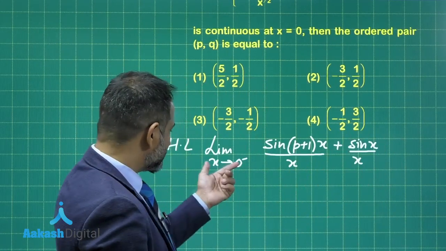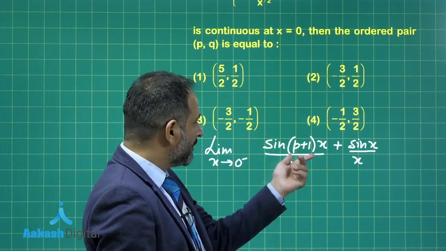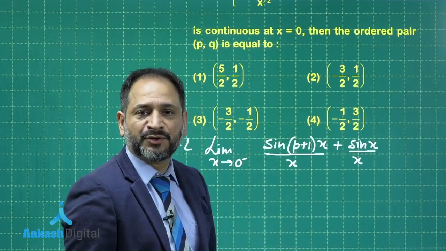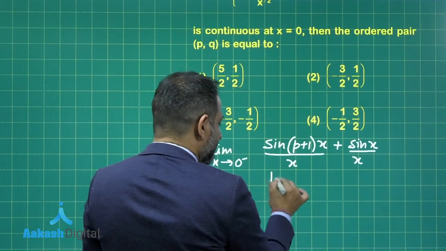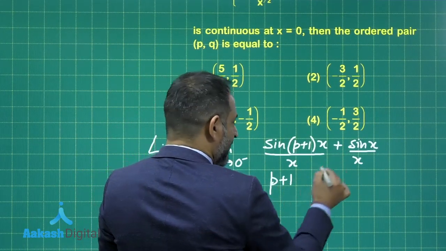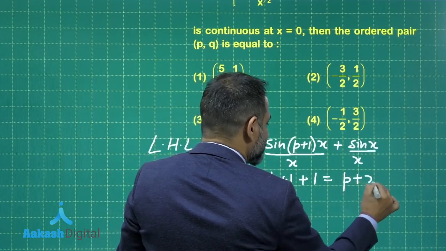Now, here you can see when x is tending to 0, this is 0, this is again 0, multiplying numerator and denominator with p plus 1, this limit will be equal to p plus 1, and this is definitely equal to 1. So, the value is p plus 2.